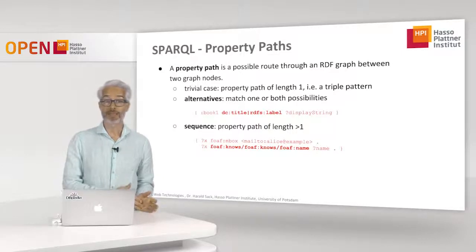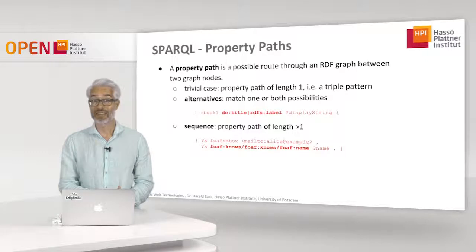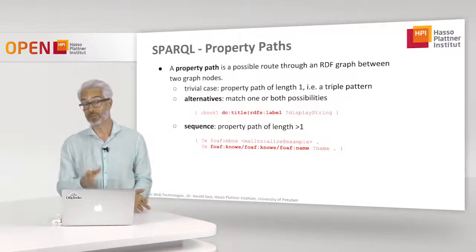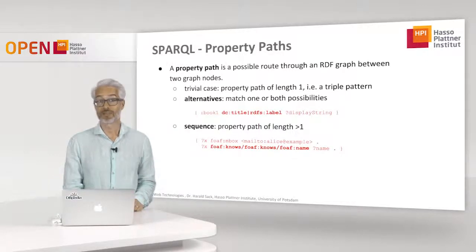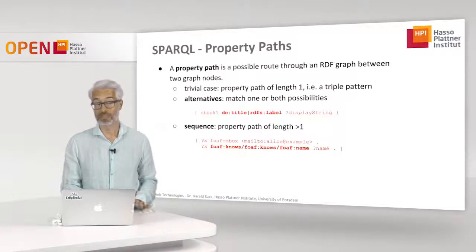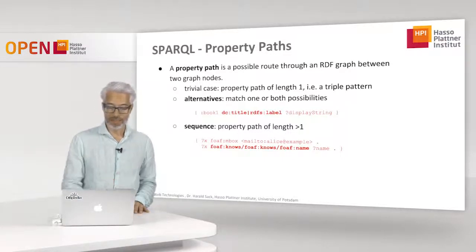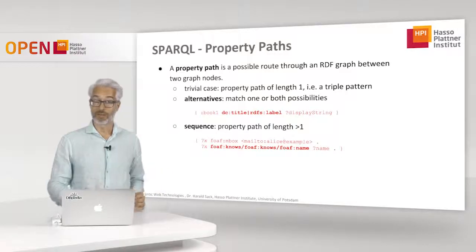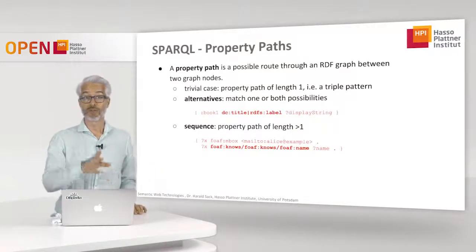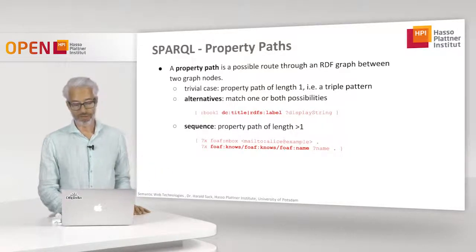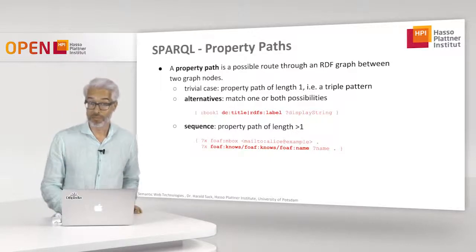You could say X knows Y, Y knows Z, and Z has the name. So this would be three different triple patterns which form a basic graph pattern. So this is nothing else than what is called syntactic sugar here if you look at the property path of an arbitrary length. But it can get more complicated.